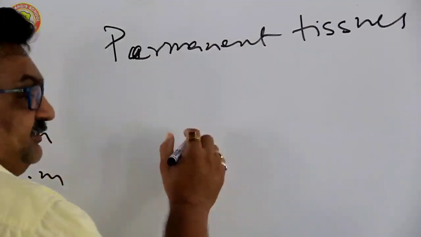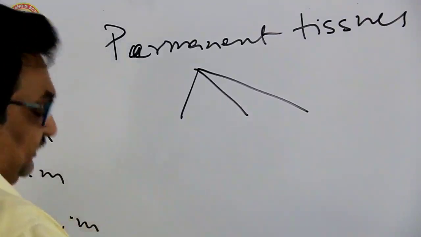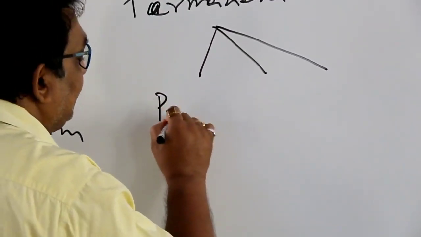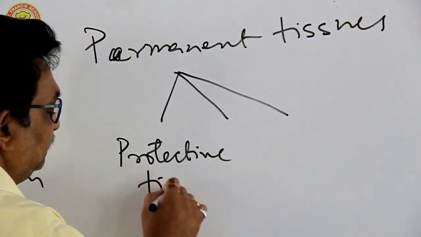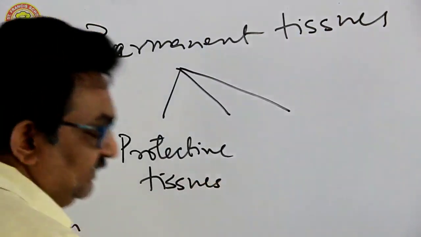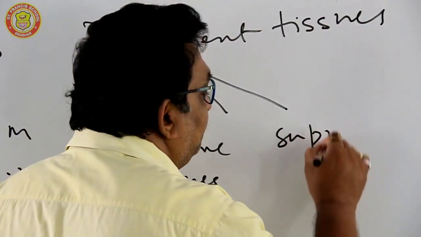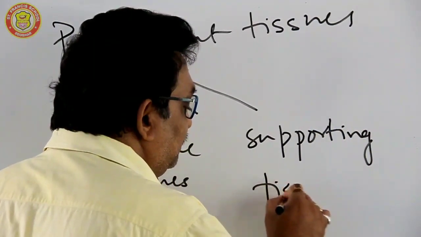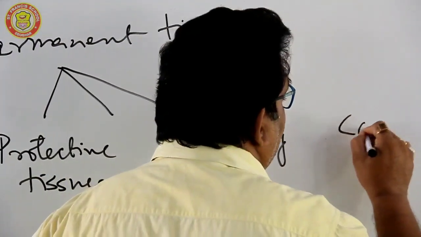Now in this also you have divisions. You have three divisions. That is protective tissues, supporting tissues, and then you have conducting tissues.